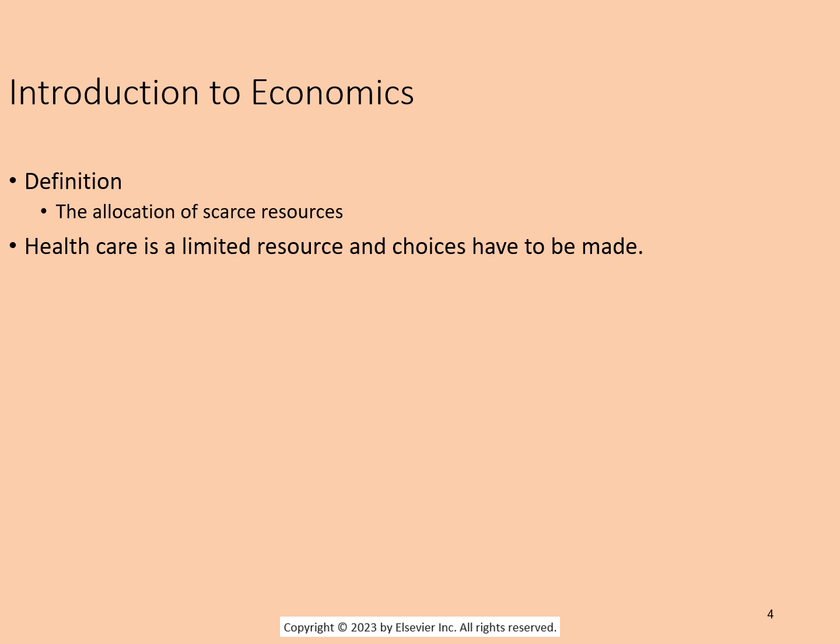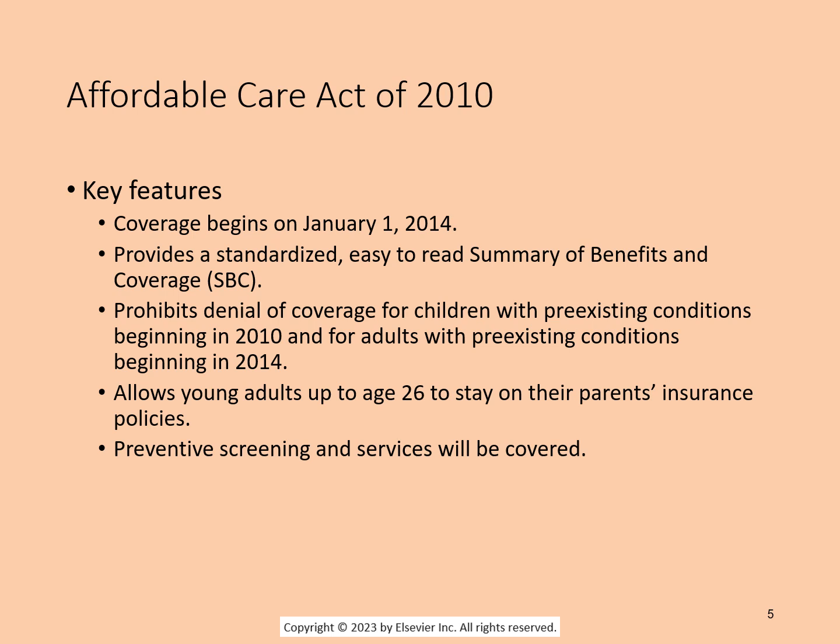Healthcare has limited resources, and choices have to be made. So it's very limited, and resources are scarce. As we talk about diverse and vulnerable areas where resources are scarce, we have to make do with what we have.